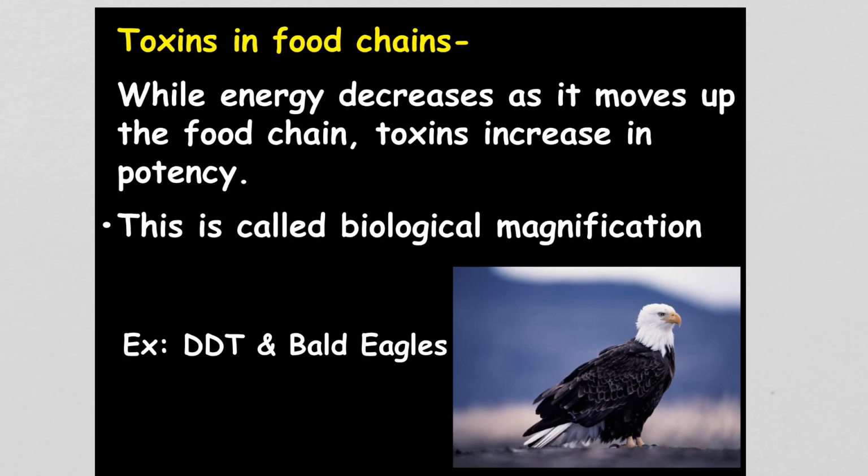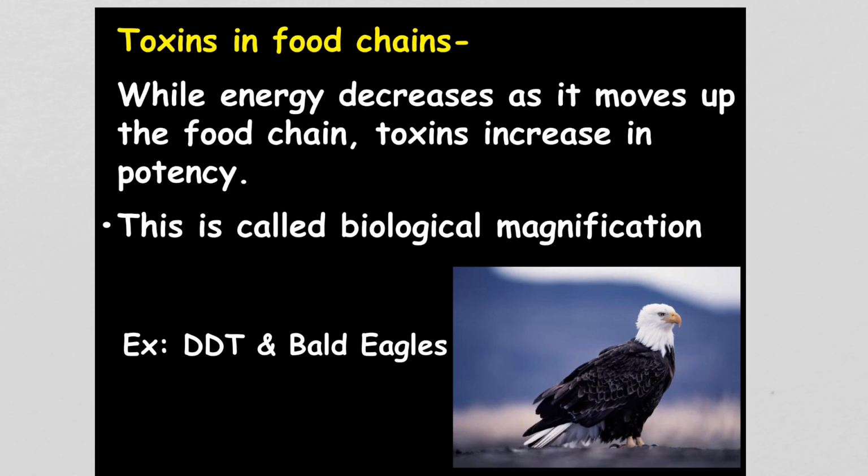So as the biomass decreases, okay, sorry about that. I'm trying to pick up where I left off. So I was talking about how toxins increase as you move up from producers to the larger predatory species in a food chain. And the reason why is because it's not utilized or lost.